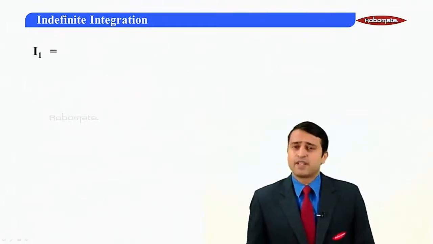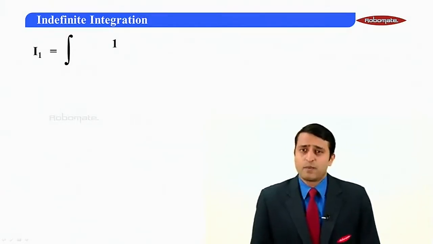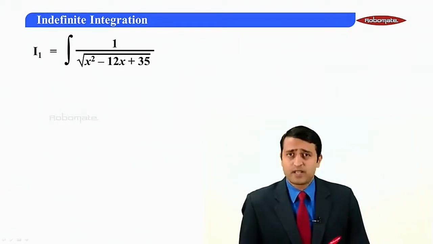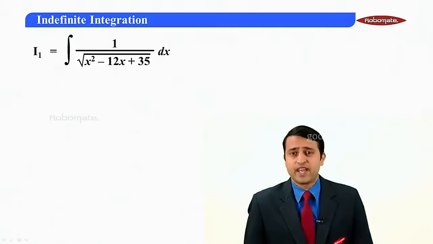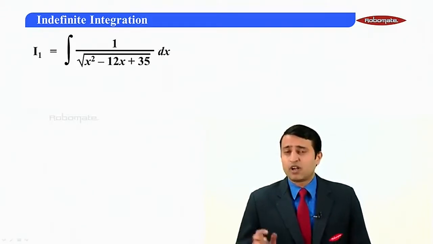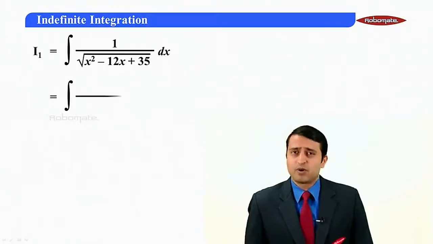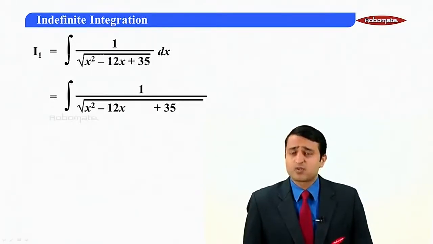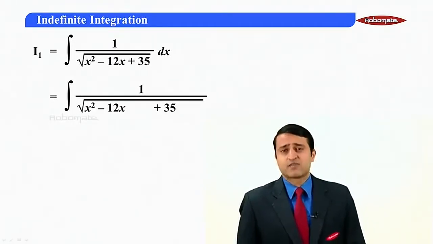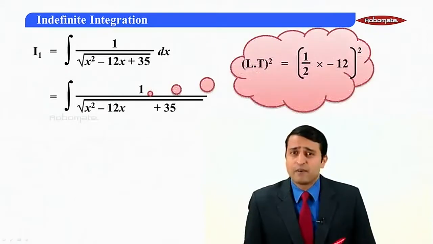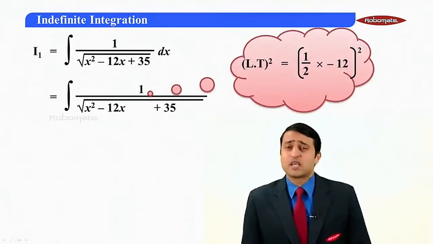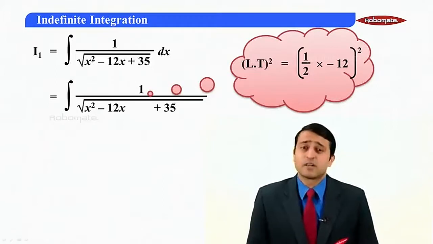So let us write I1 is equal to integral 1 upon root of x square minus 12x plus 35 dx. Now already the coefficient of x square is 1. So let me just write in the next step 1 upon root of x square minus 12x plus 35, and let's fill in the blanks. Half of minus 12 the whole square, that is minus 6 the whole square, that is nothing but 36.